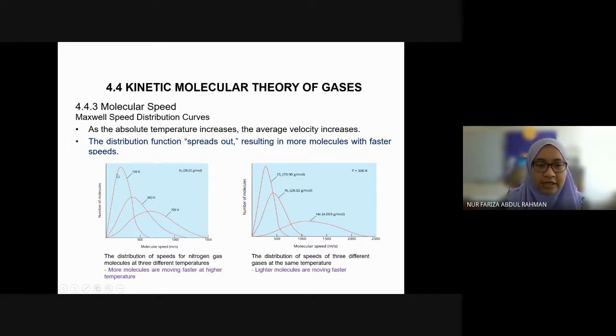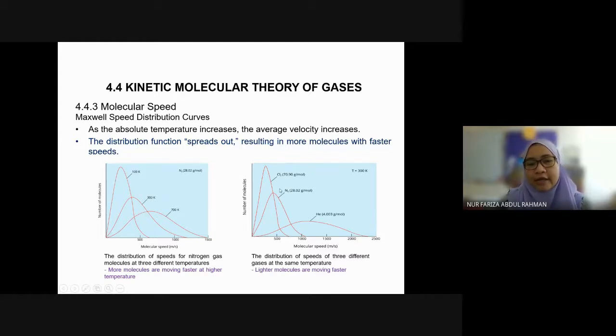So yang ni tinggi sikit, yang ni landai sikit, yang ni even landai. Dia spreads out. So janganlah yang ni tinggi lepas tu yang ni kecil, macam dia tak comparable in terms of the number of molecule. So you kena represent it well, make sure that the luas bawah graf tu comparable, dia lebih kurang sama lah. Cuma dia perbezaan bentuk of the curve.